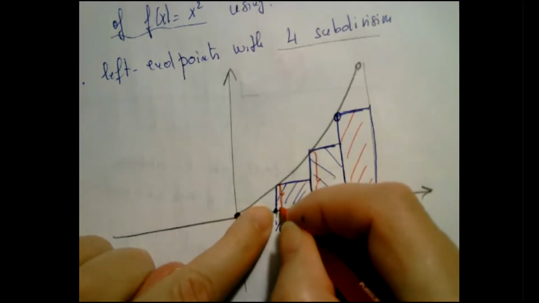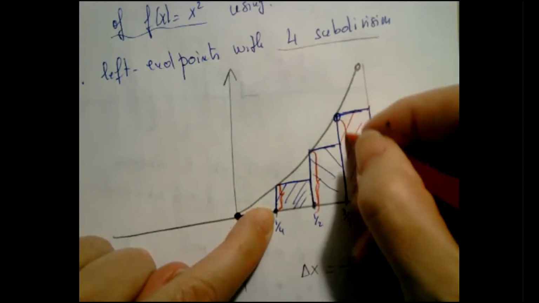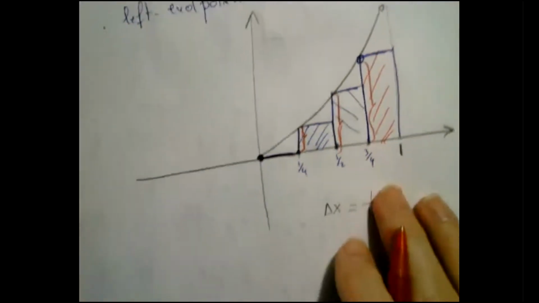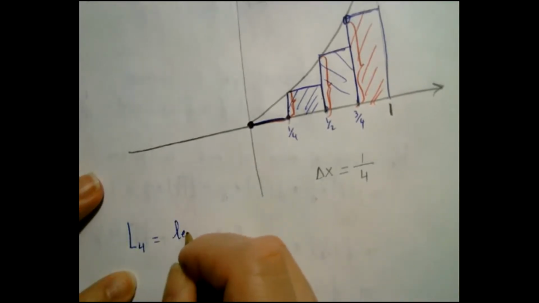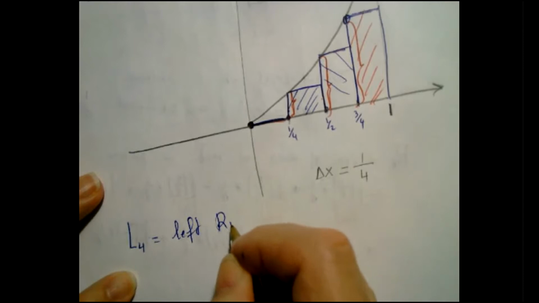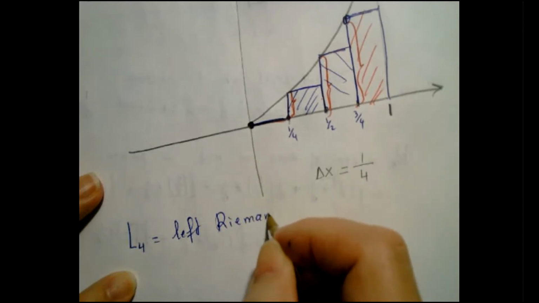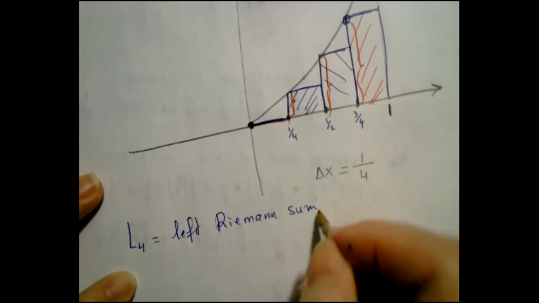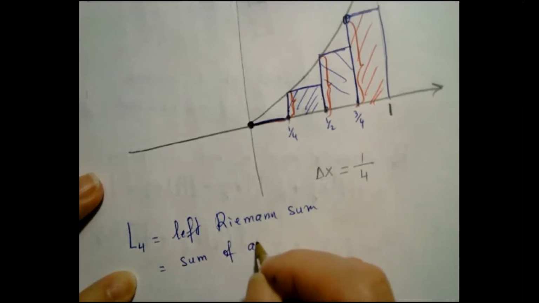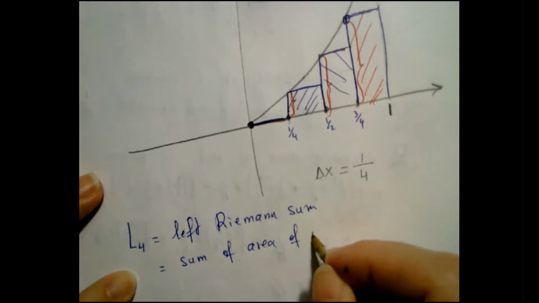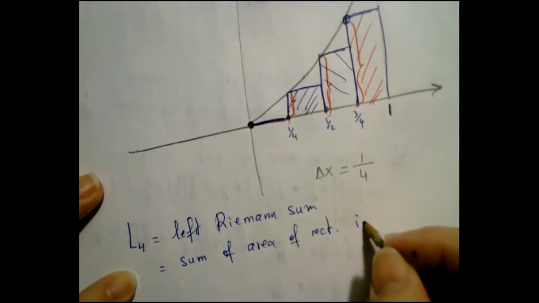And that's the height, and that's the height. And we're going to call L4 the left Riemann sum, which is the sum of the areas of the rectangles in the picture.